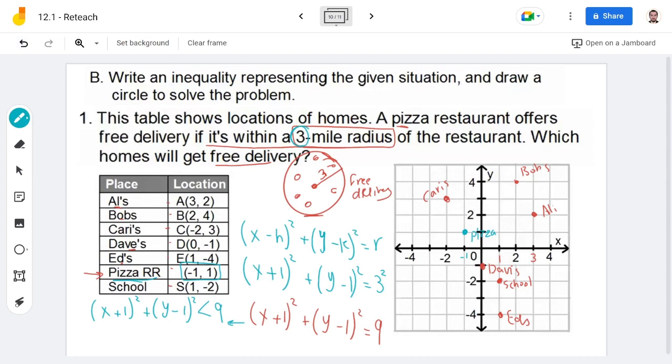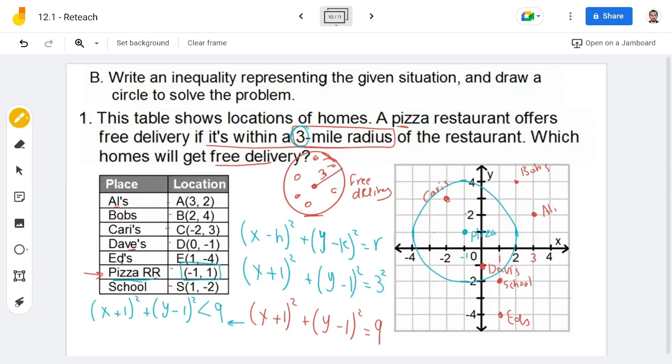The circle should be 3 steps to the right, 3 steps up, 3 steps to the left, 3 steps down. If I draw my circle on this point here, I will get this one. Which of these points will have a free delivery?